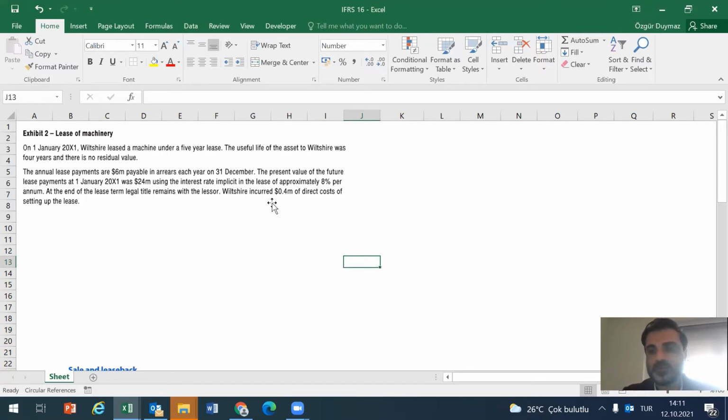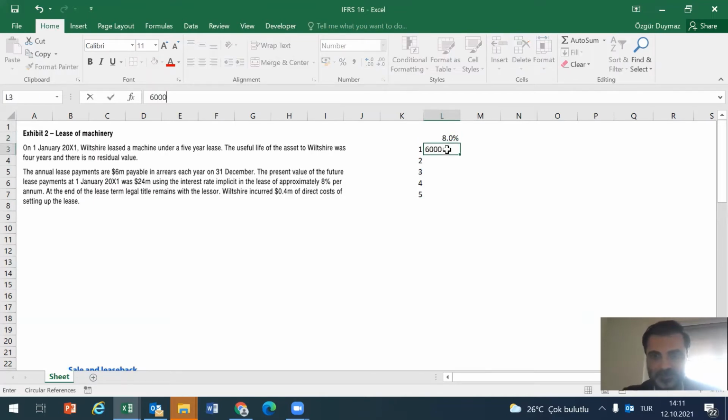As you know, an asset in a leasing arrangement will be recognized as a right of use asset, which is the net present value of future leasing payments. There are 5 years to be paid by the company, 6 million each in year 1, year 2, year 3, year 4, and year 5. The interest rate was already given, which is 8%.